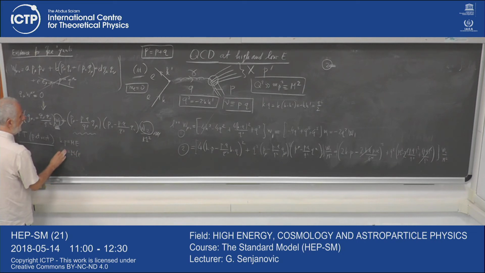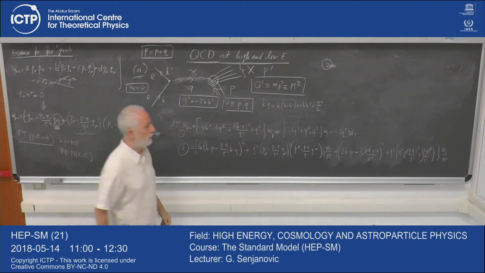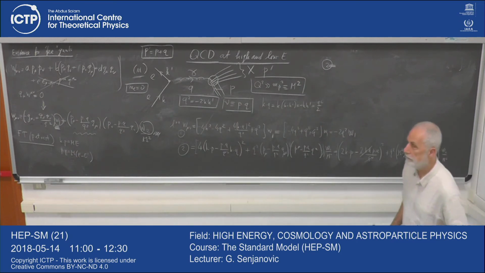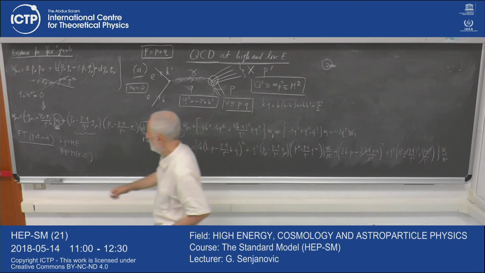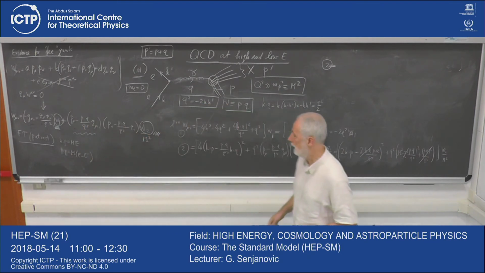P times Q is ME minus E prime. E and E prime are the energies of the electron. You agree? I'm at rest, so the energy of the proton is M, E, and E prime.